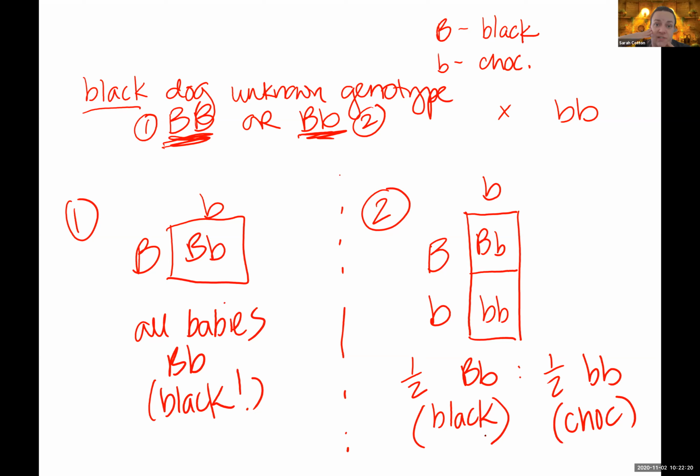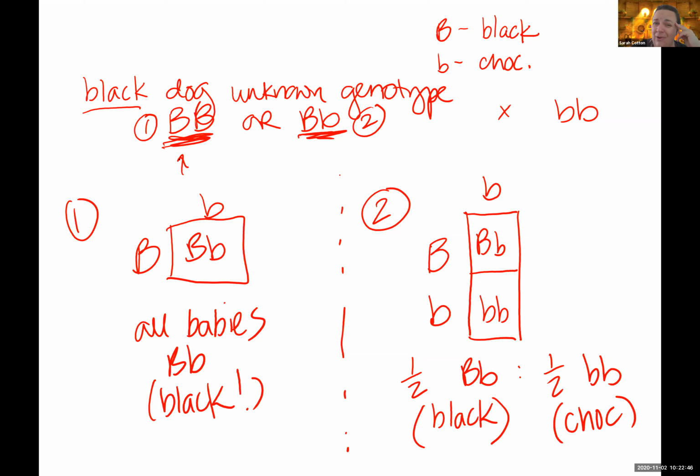One of these two things is going to happen. Let's say that they have a very successful breeding and they have a litter of 8 puppies or 10 puppies. I don't care. They have a big litter. And every single one of those puppies turns out to be black. You probably feel pretty confident that she is that.